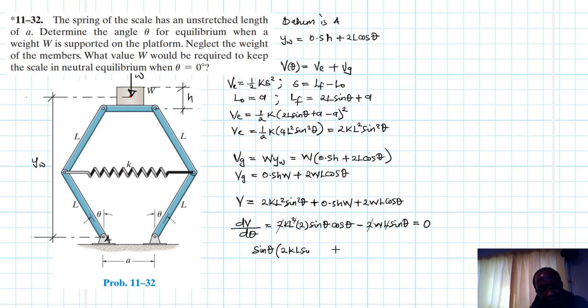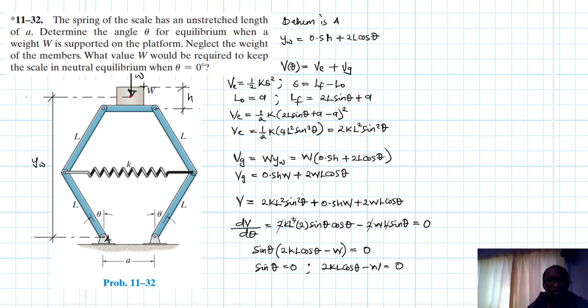Then 2kl cos theta, minus w, equal to 0. We are factoring out the sine, right? So in the first case we'll have sine theta equal to 0, then we'll have 2kl cos theta minus w equal to 0.